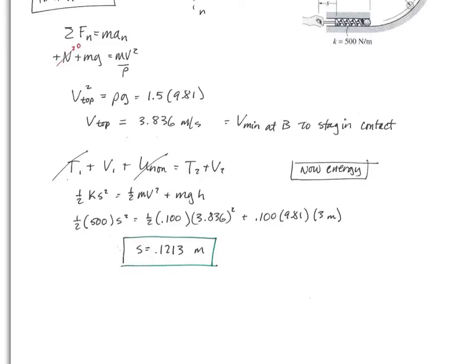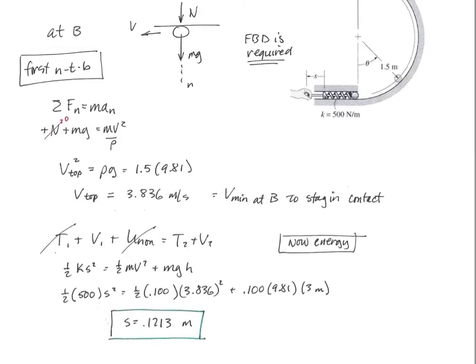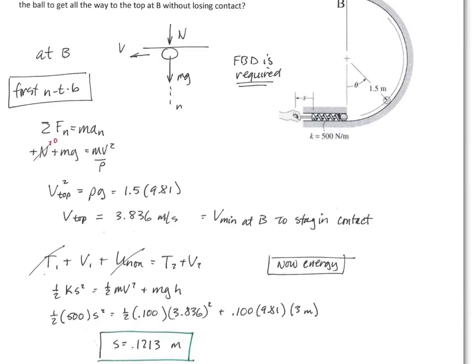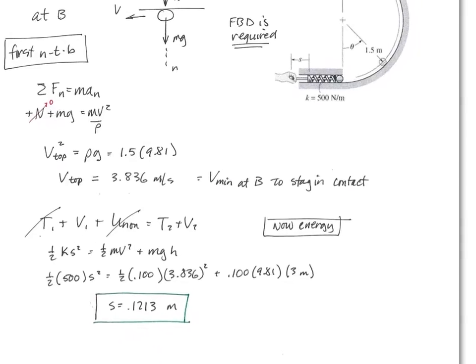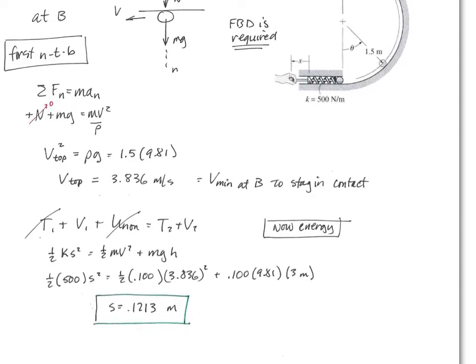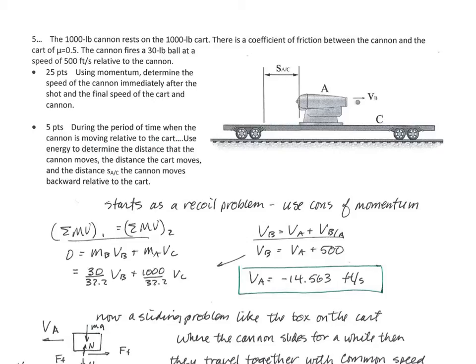So as the energy is released from the spring, 1/2 k s squared in the spring, we have to climb up to the top. We'll have an mgh and a 1/2 mv squared at the top. I've already solved for the proper velocity at the top, sorry about that, and so I can solve for the spring energy looking there.